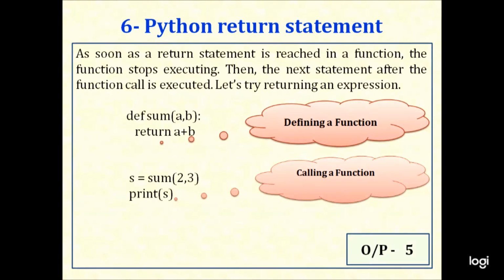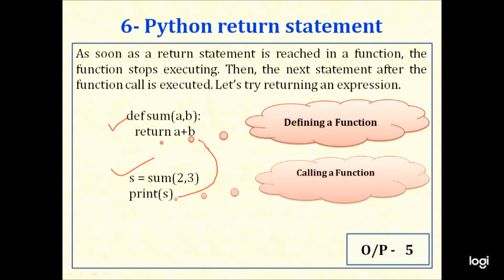Let's see the example. Here, function definition, def sum, argument list a and b, return a plus b. Now this definition part, call the function s equal to sum(2, 3), print s means sum of this variable.